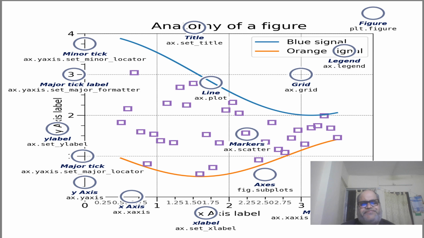Then you can see markers of various sets, so we will actually see in our tutorial that Matplotlib supports a variety of markers, and we'll see ways of using them. Then one figure or one plot can have several subplots. If you see this particular larger figure, it is divided into 4 by 4 subplots. So you can have 16 different figures where you can plot individual aspects.